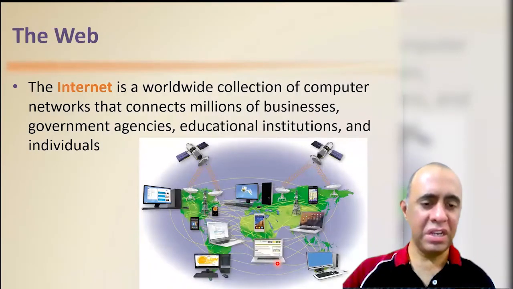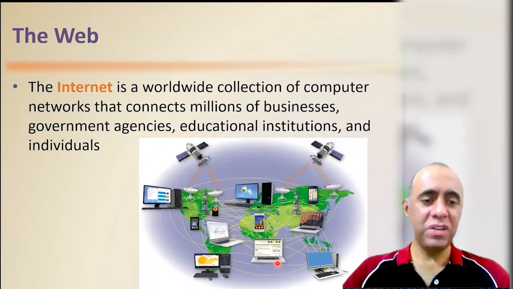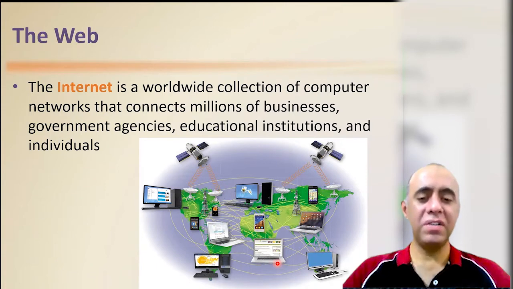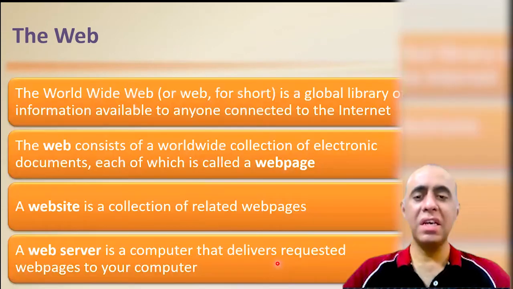And then the internet is a combination of so many different networks and businesses and education institutions, all of them connected using satellites, undersea fiber optic cables, copper wires, Wi-Fi networks, and 4G and 5G networks. So it's a collection of all of those things.